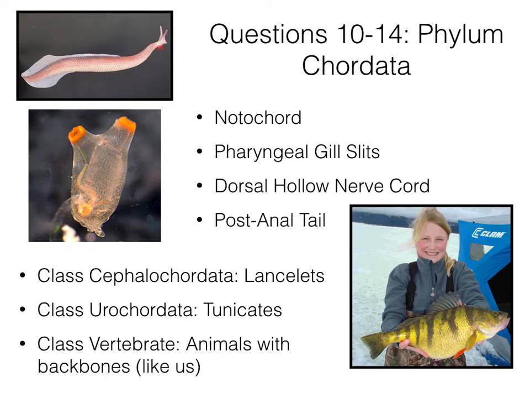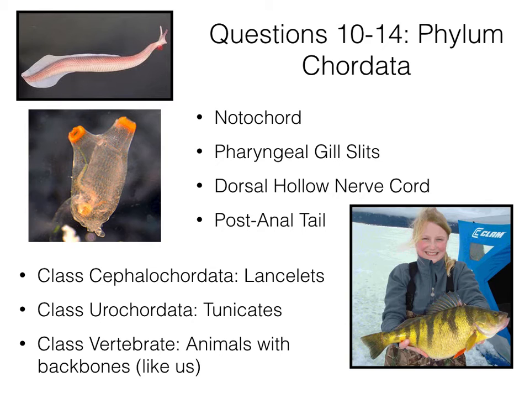And unlike some of the organisms we looked at before, chordates that have a tail have their tail after their anus. If you remember when we looked at the crayfish, the anus was right at the end of the organism, whether there was a tail there or not. But for chordates, the anus comes before what we would call a tail.